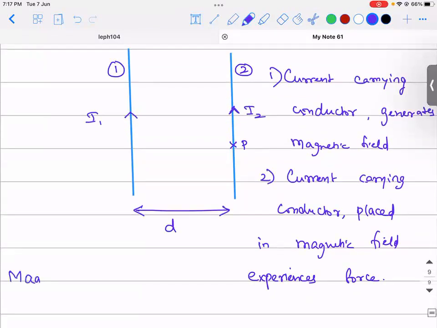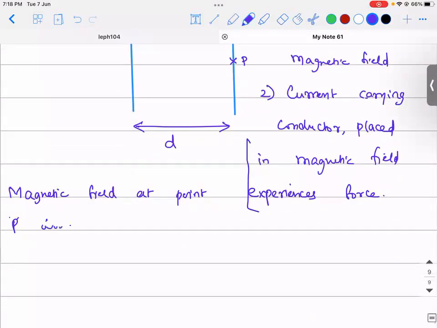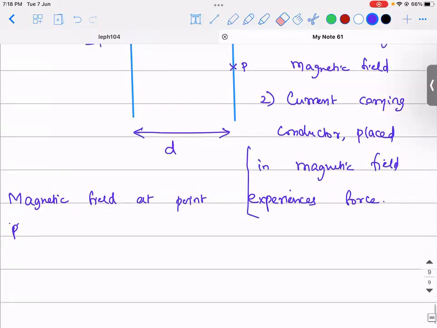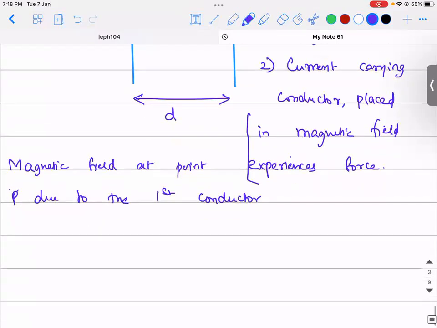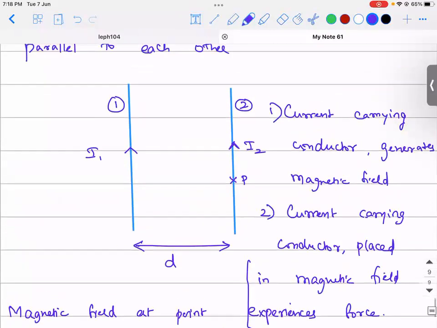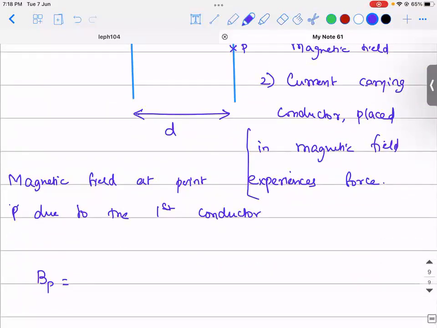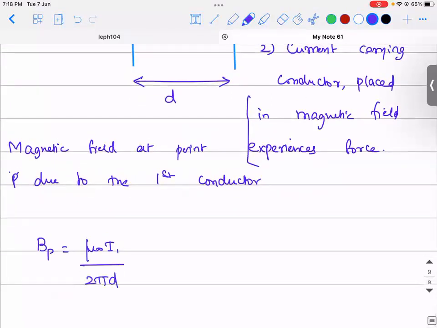Magnetic field at point P, listen to this carefully, due to the first conductor is how much? Remember, these two conductors are considered to be long. Then the magnetic field at point P due to the first conductor will be B_P = mu naught I1 divided by 2 pi d.